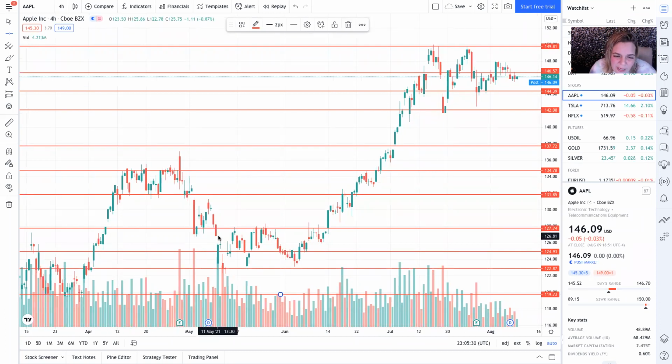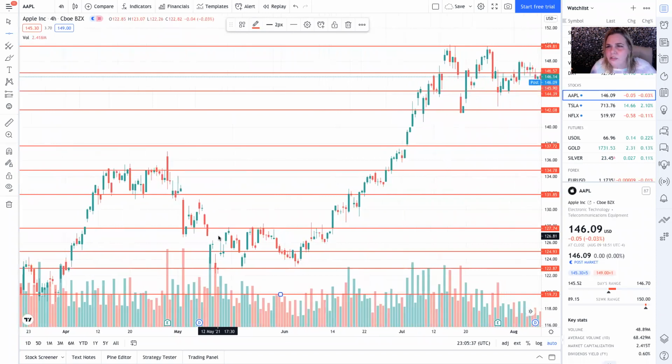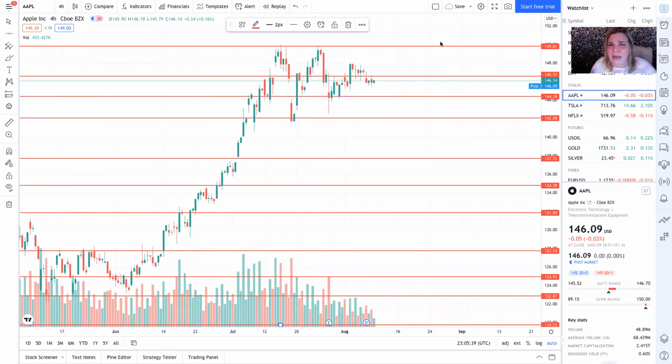Let me give you another example. Or like this, okay, where price broke, it came back down, it retested, and it looks like it was going to go this way.